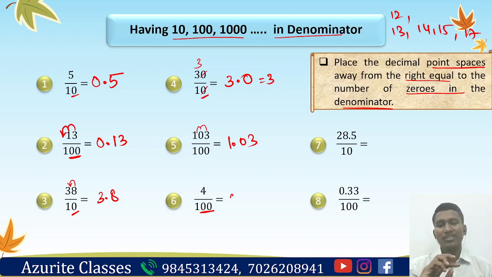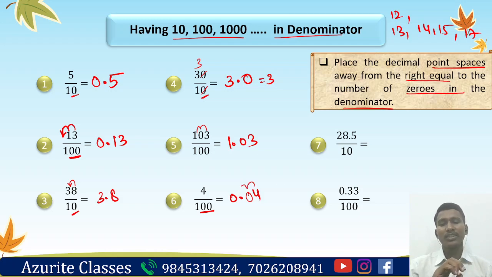Two zeros mean two places, 0.04. If there is nothing, just take one zero here. Write one zero and then place the decimal point. Got it? That will be the answer here.